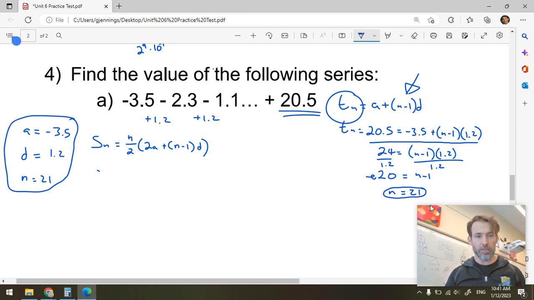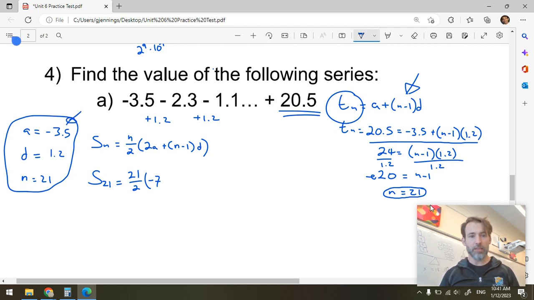So the sum of this 21 term sequence makes the series 21 divided by 2 multiplied by 2 times negative 3.5, I'm just going to write down negative 7 if you don't mind, plus n minus 1, well, I'm just going to write down 20. You can start cutting some corners if you can see that. Times 1.2.